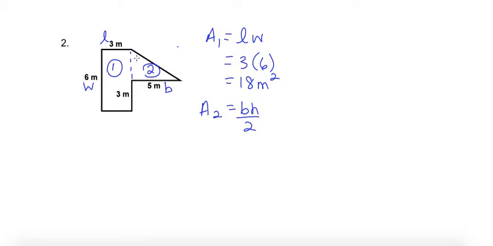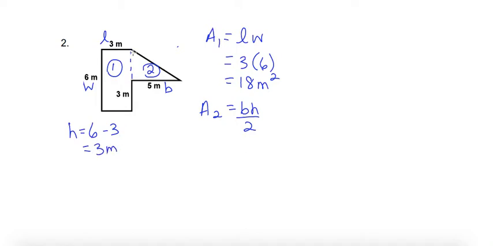Now the height of this expression right here, we can calculate by taking 6 and taking away 3. The height is 6 because that's the total height of this side, but I'm taking away this little part right here, which ends up giving me 3 meters.